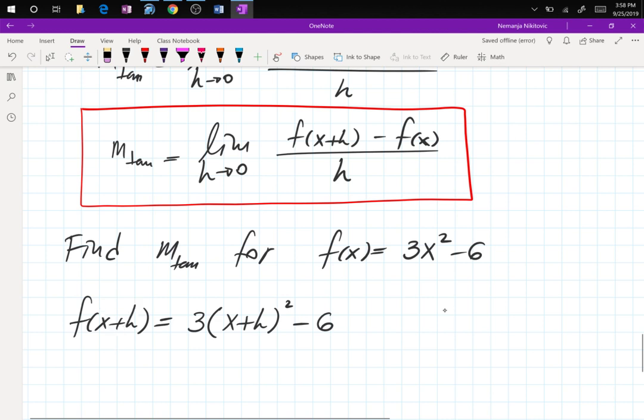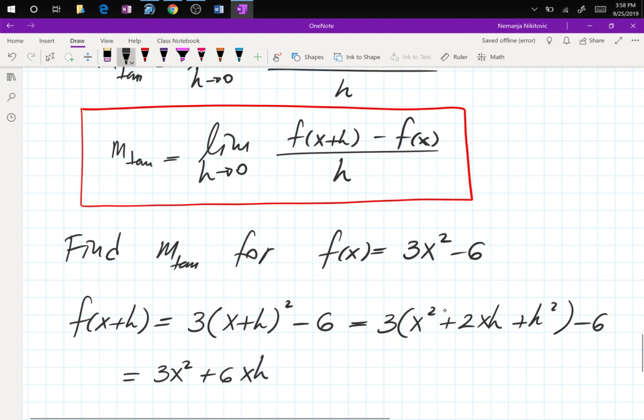So we are replacing now this, and we have to FOIL. So we have 3 times x squared plus 2xh plus h squared, and then minus 6. And now we simplify this into 3x squared plus 6xh plus 3h squared minus 6.